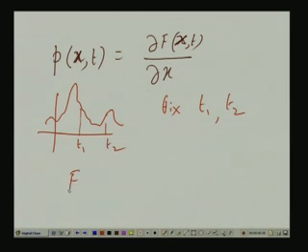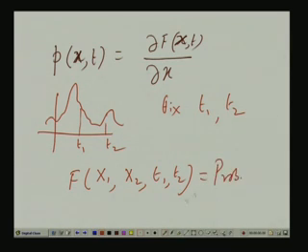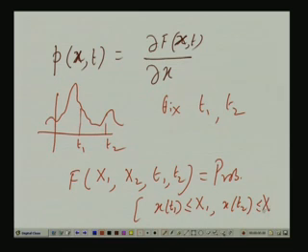The joint distribution function will depend on two things, x1, x2, but also the two time points t1, t2, because the definition, as you understand, will be the joint probability that x(t1) falls below x1 and x(t2) falls below x2.